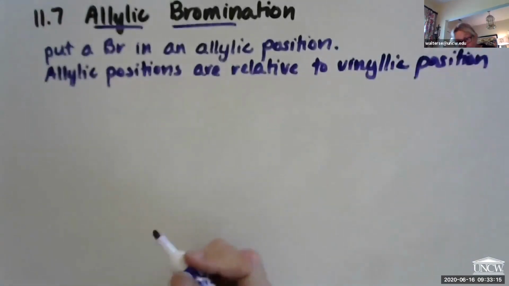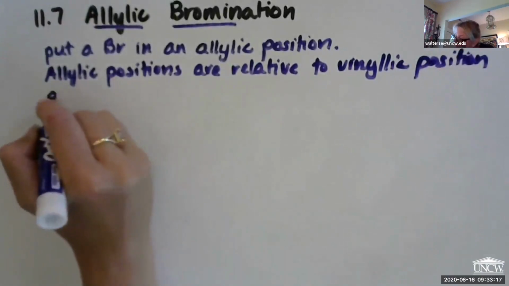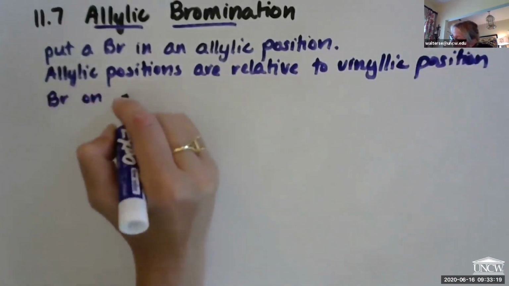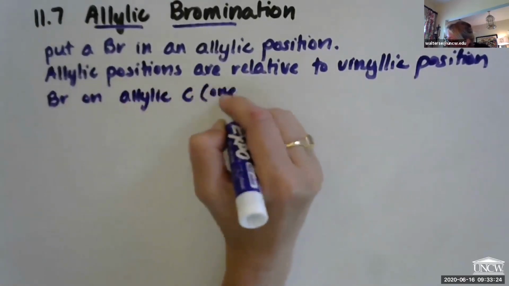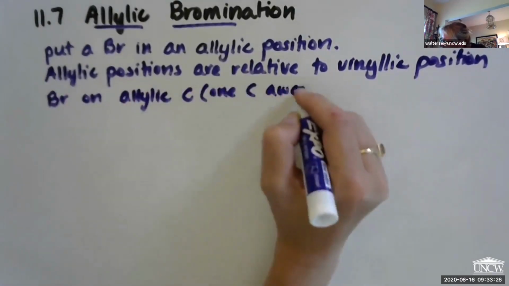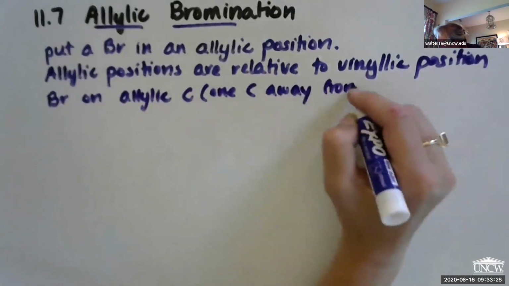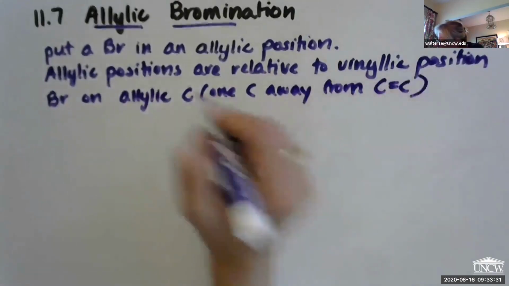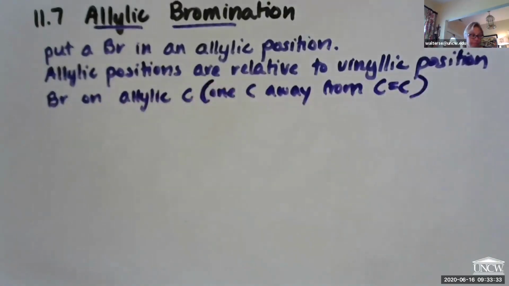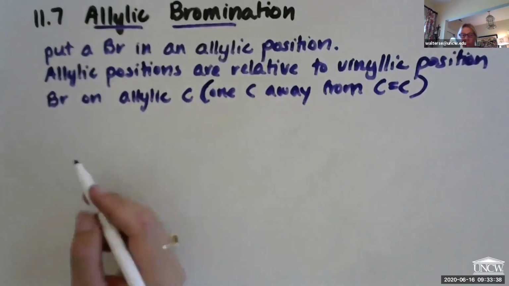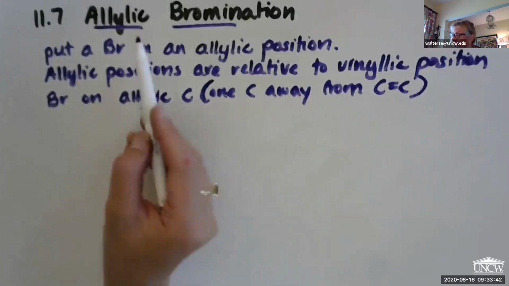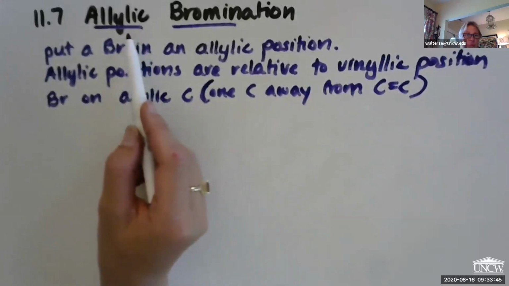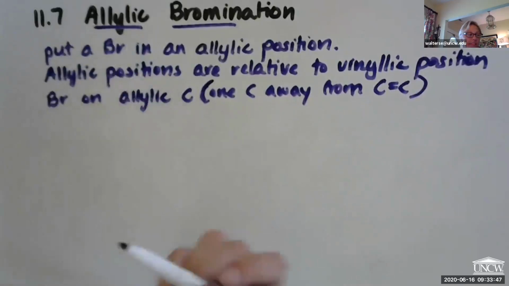And what that tells you then is that you're going to put a bromine on an allylic carbon, which is one carbon away from an alkene pi bond. So before we go into the allylic bromination reaction, we have to consider why the bromination reaction always ends up at the allylic position.